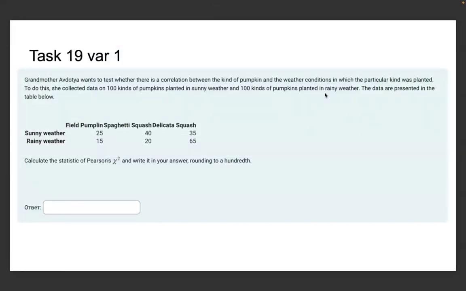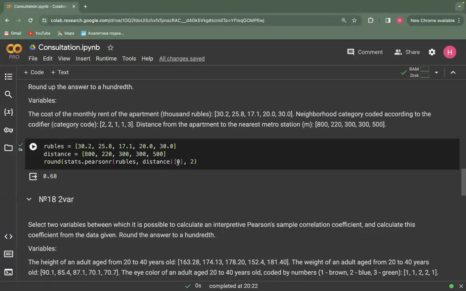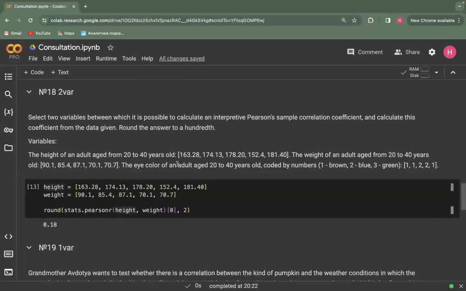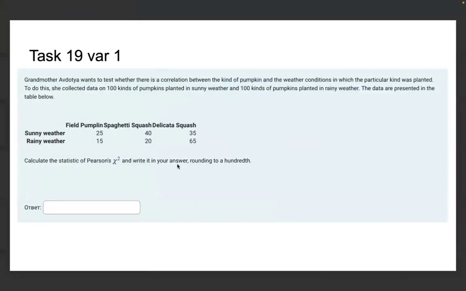So be careful, just remember the functions, revise after this consultation using this notebook the functions that you have to use in these exercises, and don't worry on the exam.